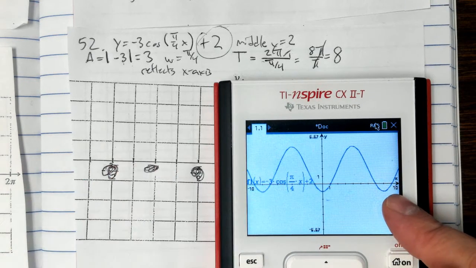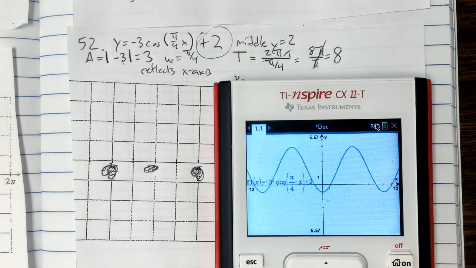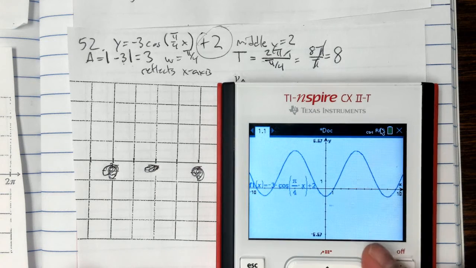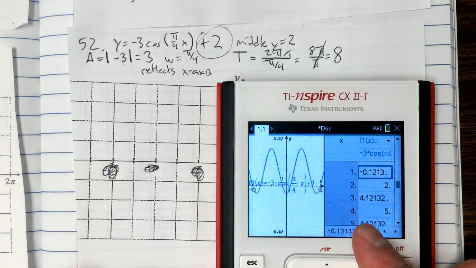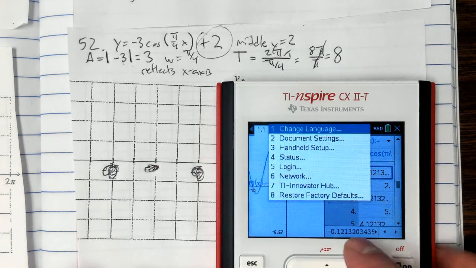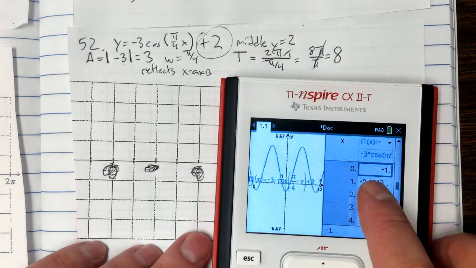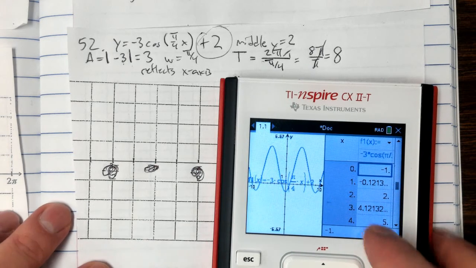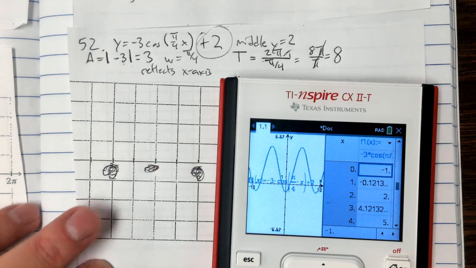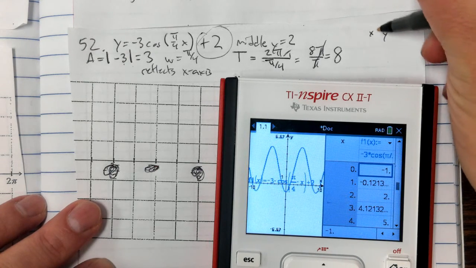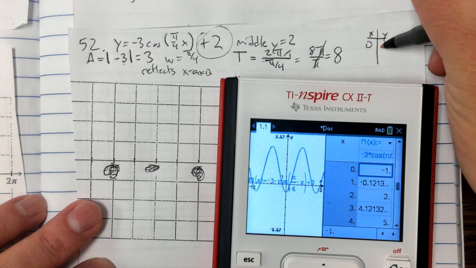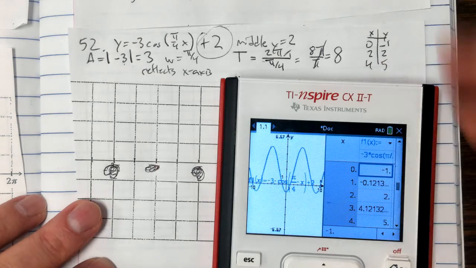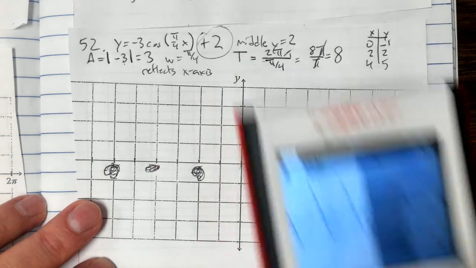Okay, so that's generally what our graph is going to look like. If we look at our table, yeah, it is upside down, because it reflects. Our table has a couple of points we may want to use, like 0, -1, 2, 2, and 4, 5. Those actually look like good points. I don't want to use the decimal points because it's not as accurate, so to speak. Okay, so those are things we need to keep in mind.